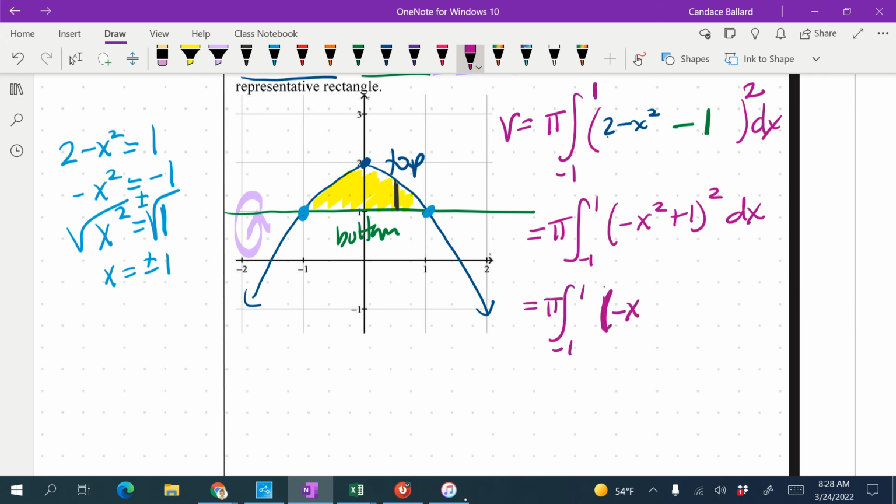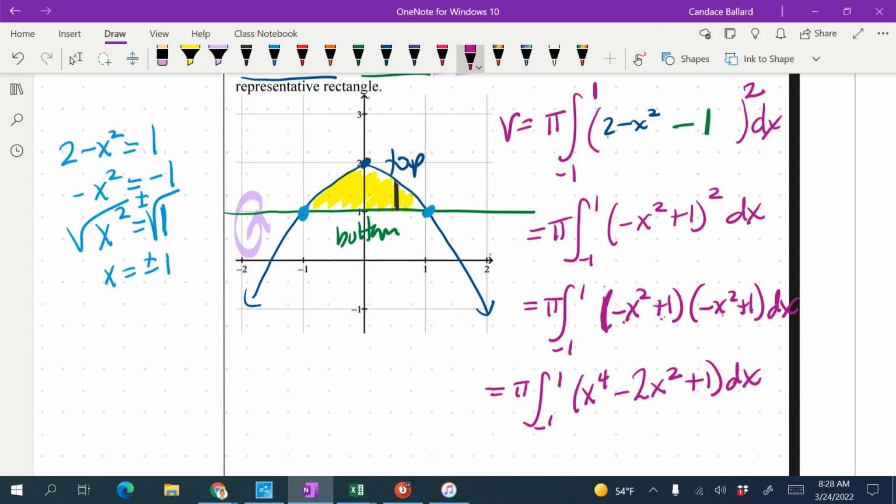So I'm really going to do negative x squared plus 1 times negative x squared plus 1 dx. And when I do that, negative x squared times negative x squared would be x to the 4th. Negative x squared times 1 would be negative x squared. But I have a second one in there, which would make it negative 2x squared. And then 1 times 1 would be 1, dx.